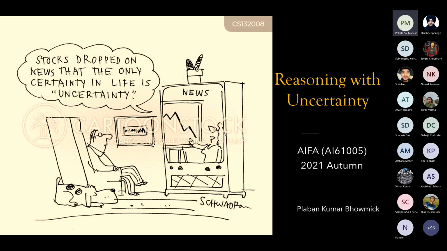So the point I'm trying to make is that we are living in an uncertain world. And if we want to design an agent that will interact with this uncertain world, reasoning with a deterministic world is not really sufficient. We need to reason with the world that is uncertain.